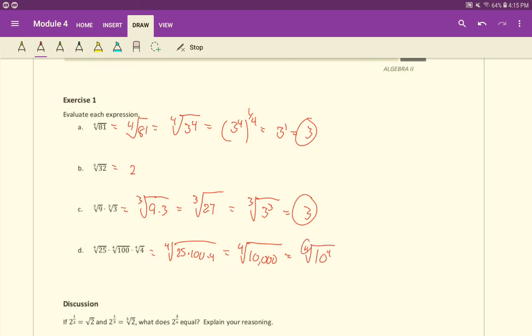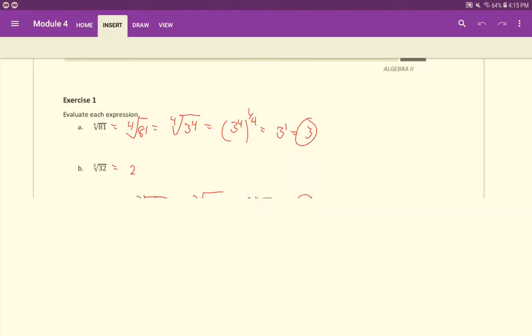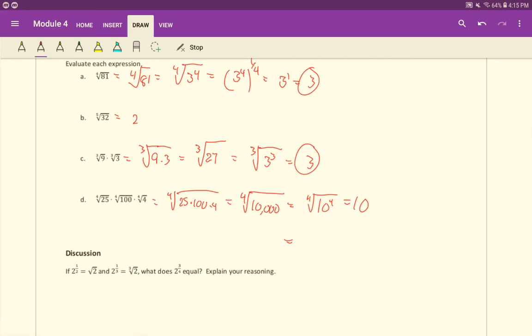So the 4th root of 10 to the 4th is just going to give us 10. Again, if you don't like that, remember you can rewrite the fourth root as a fractional exponent and make this 10 to the fourth to the 1/4 power. That's what the fourth root will become there, the 1/4 power. And then you multiply your exponents there and you get 10 to the 1.